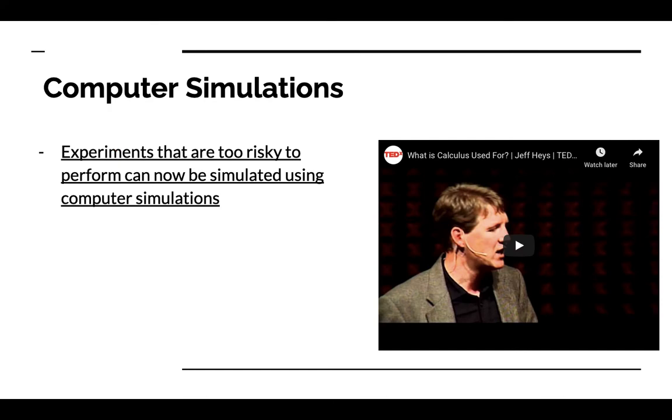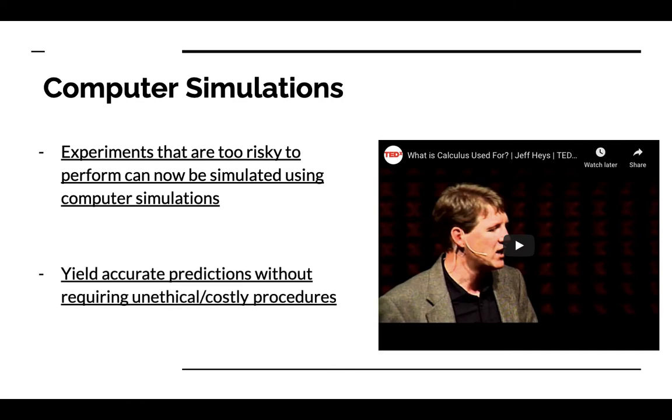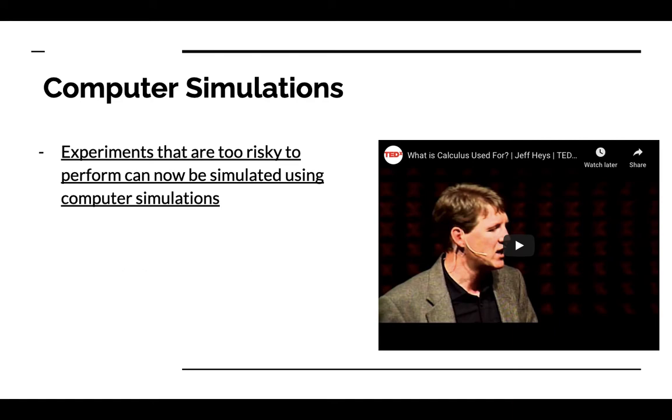So experiments that are too risky to perform can now be simulated using computer simulations. There are some experiments showcased by this guy in this video, called What is Calculus Used For?, where he talks about how simulations can be used to model how chemotherapy drugs are delivered to a person's lungs, because each person has very unique lungs, and the lung growth and development depends on the age of the person.